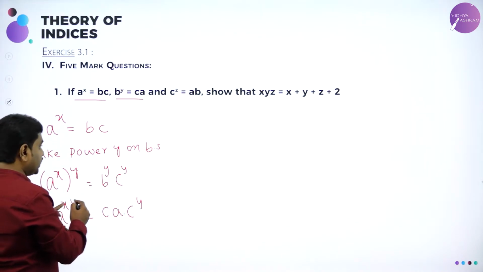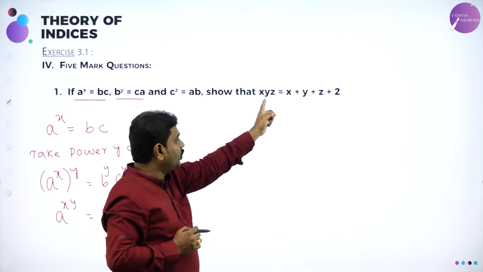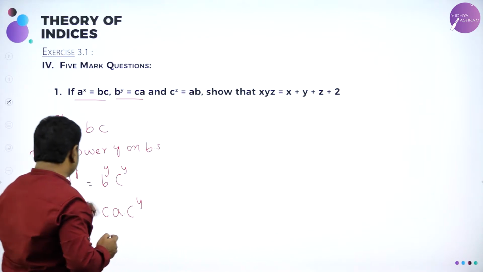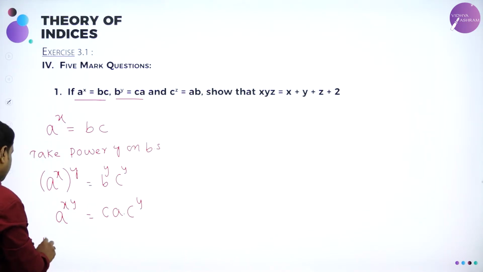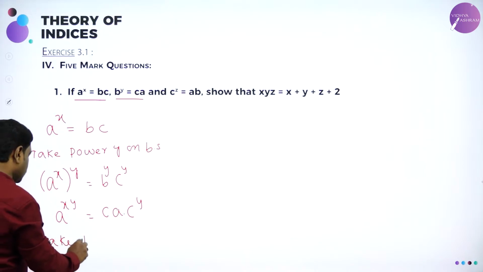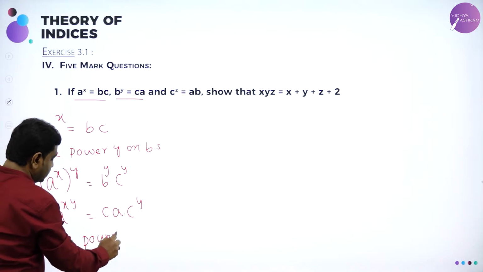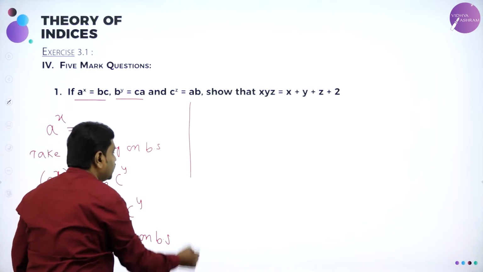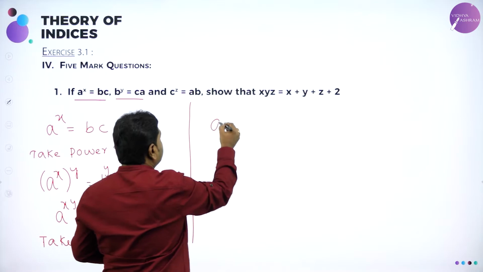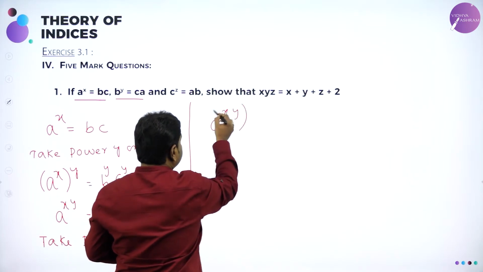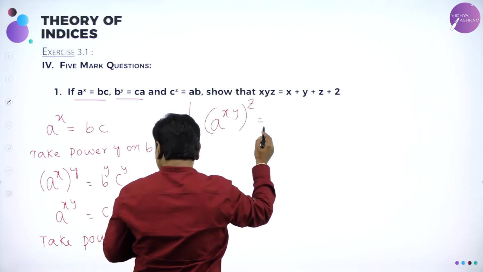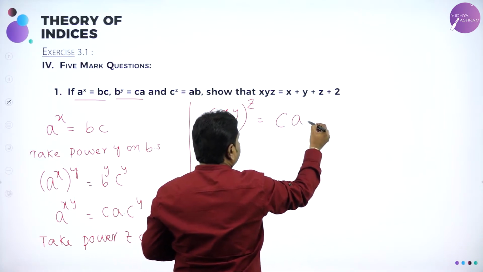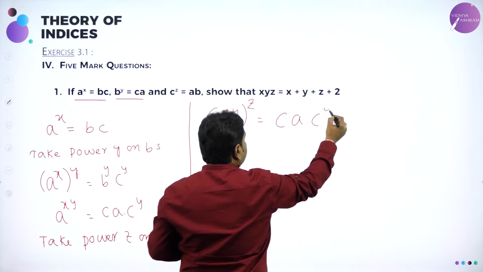Now I got xy, but if you see, I want x into y into what? Z. So take power z on both sides. If you do that, LHS becomes a power xy whole power z is equal to, RHS becomes c into a into c power y whole power z.